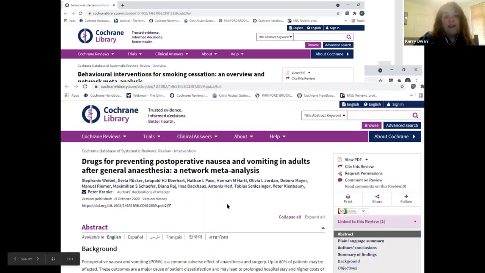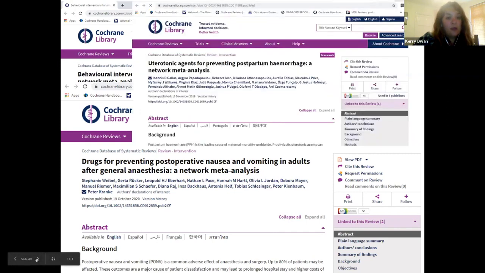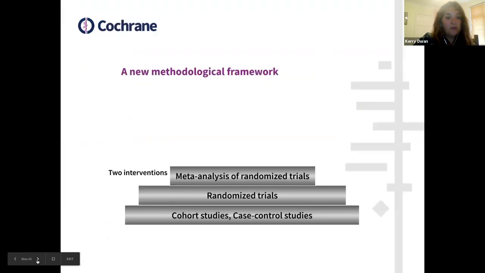And then we have drugs for preventing post-operative nausea and vomiting in adults after general anaesthesia, a network meta-analysis. This has 585 included studies, almost 100,000 participants, looking at 44 single drugs and 51 drug combinations. And uterotonic agents for preventing postpartum hemorrhage. And this has 196 trials, 135,000 women, looking at 7 different uterotonic agents and placebo or no treatment. So you can see there's a lot of information in these particular reviews.